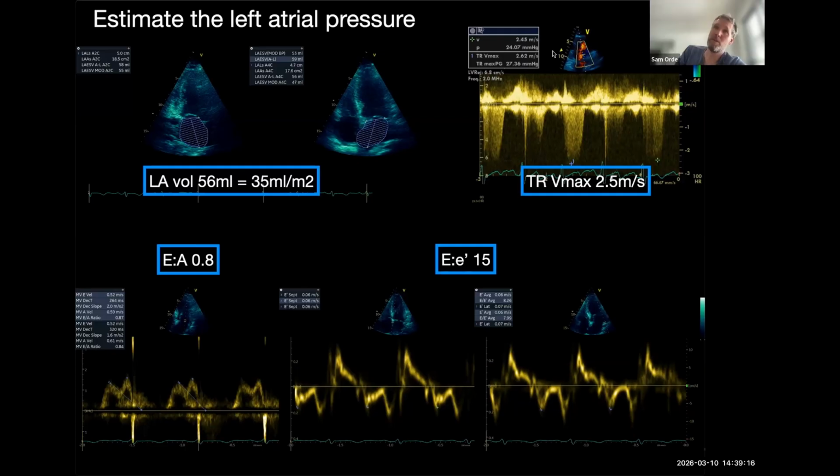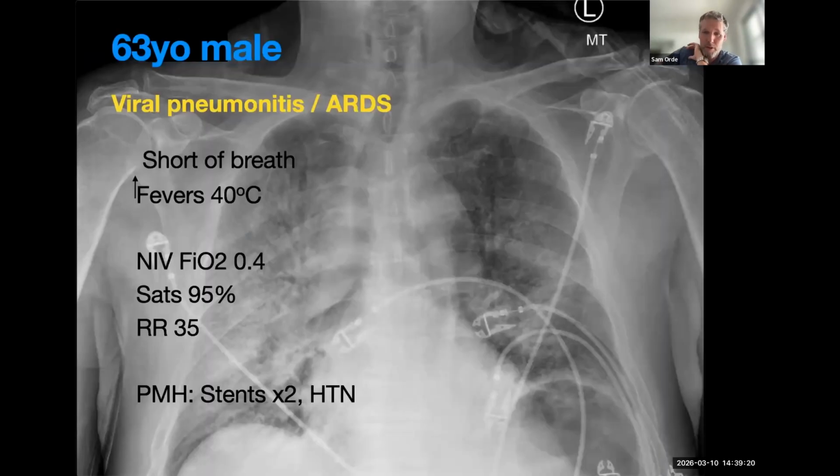I'll just be cautious of this TR velocity. I'm guessing if you did that to my lungs, you're going to get some form of TR being raised in me, but my left atrial pressure might be normal. I don't think we should be including that in our assessment of left atrial pressure.